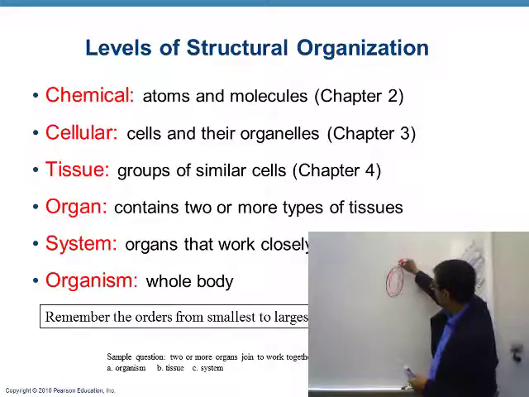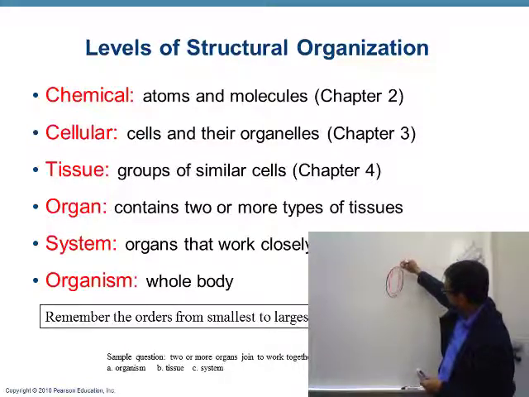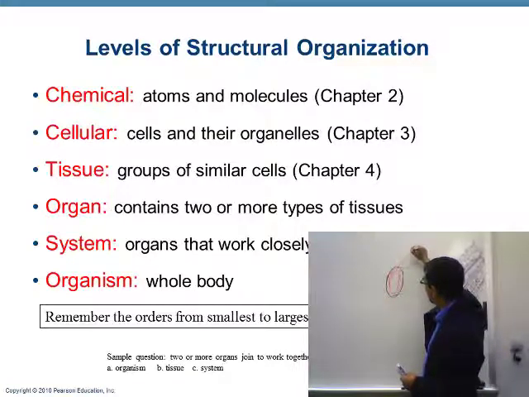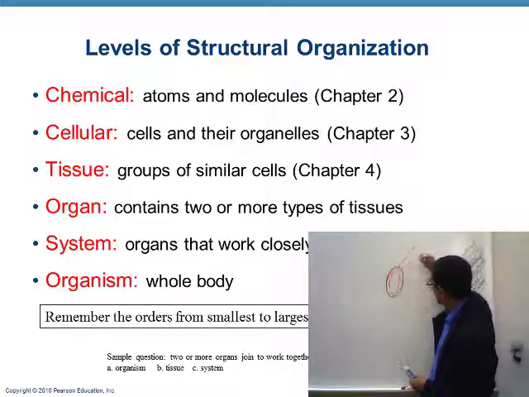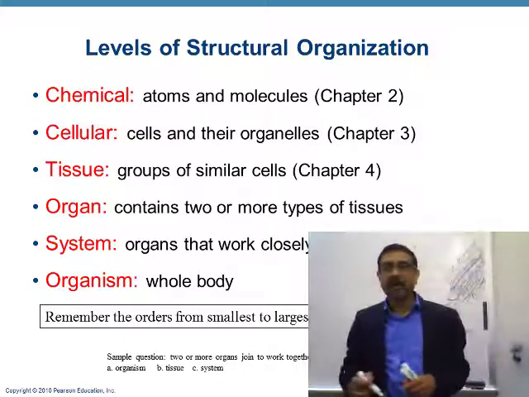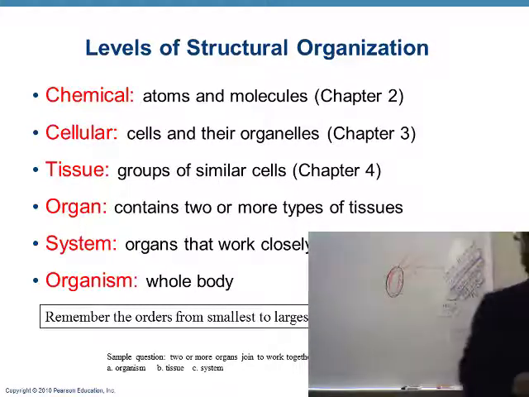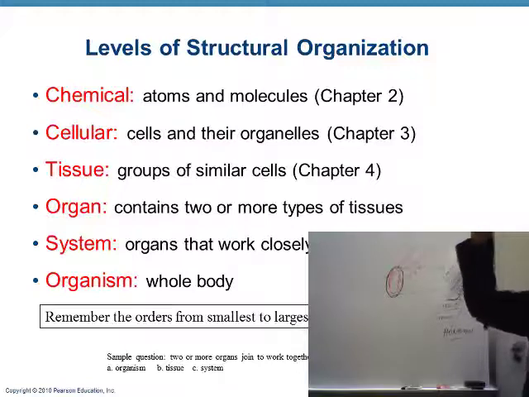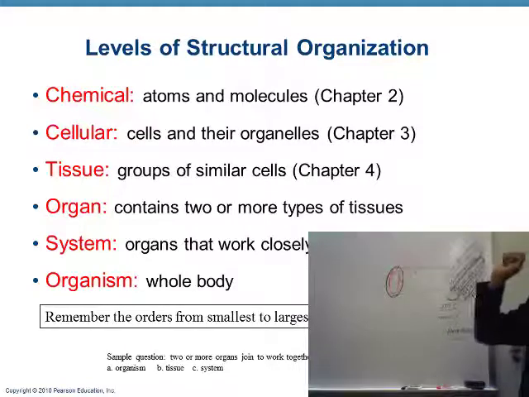So you see three different types of tissues joined together to form the blood vessel. Outer covering is connective tissue, middle thick layer is smooth muscle tissue, and innermost lining is epithelial tissue. So this is an organ formed by those three types of tissues. Is it clear? You see three different types of tissues are here, right? They join together to form the blood vessel, which is an organ.